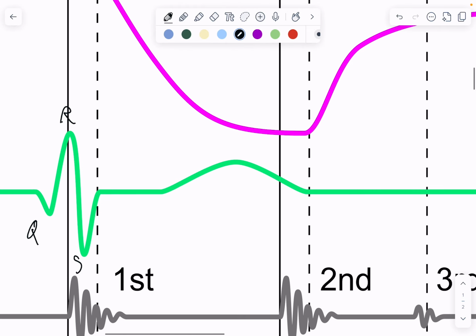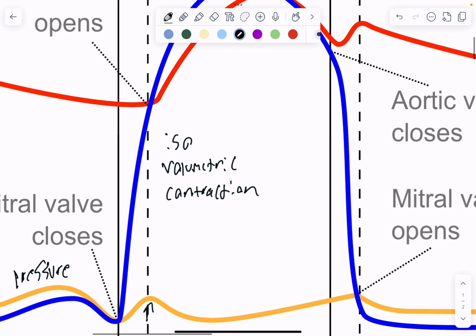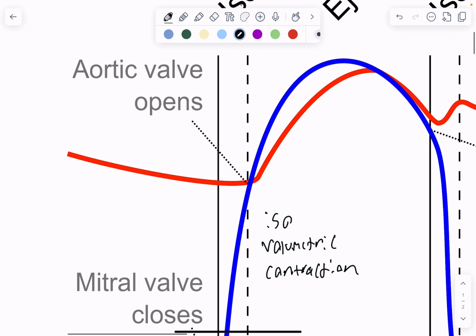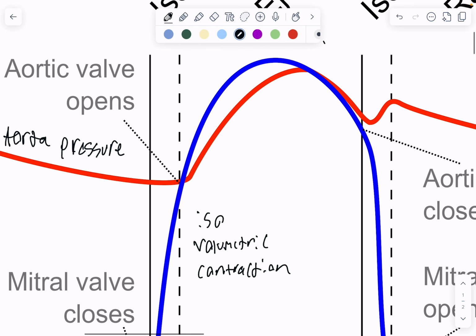And then, going back up here, once that isovolumetric contraction reaches a threshold, the aortic valve opens, and pressure keeps increasing along the ventricles because of the increased force, increased contraction to get this blood out now that the valve is open.